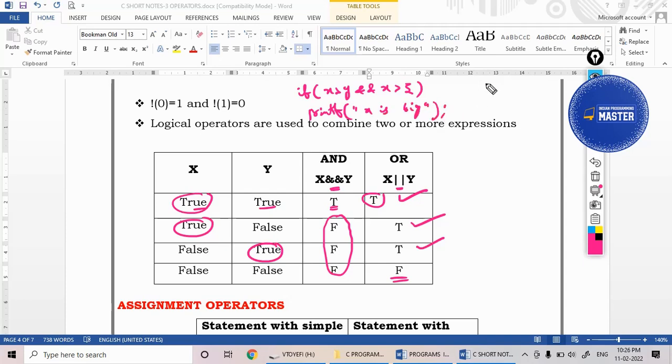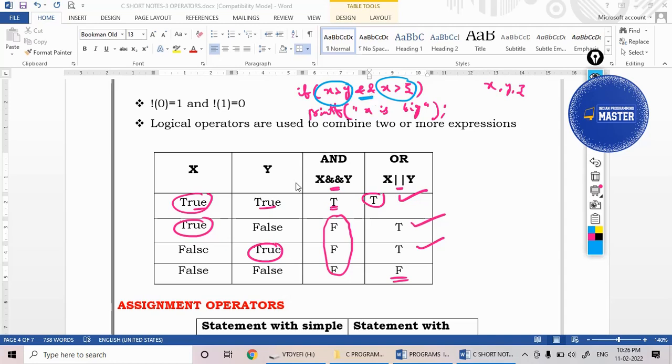From the given 3 numbers x, y, z, this is one condition, one expression, and this is another expression. So I am combining these 2 expressions with the help of the logical AND operator.